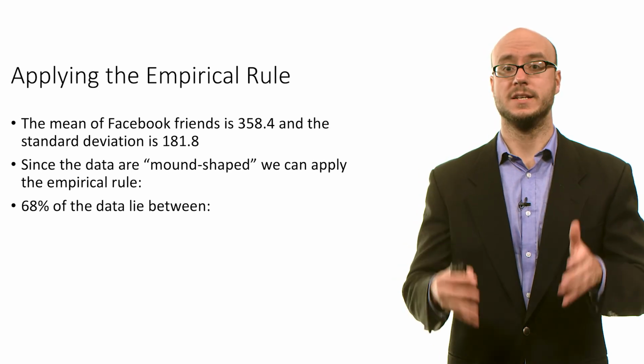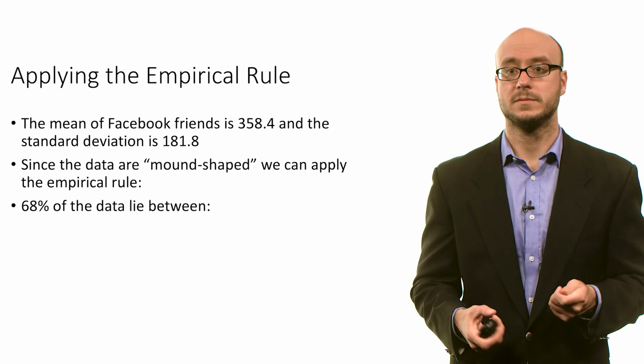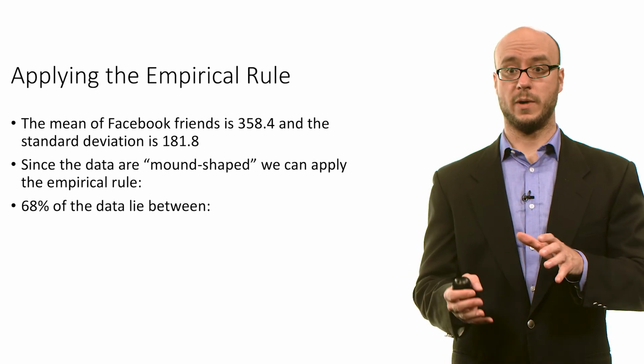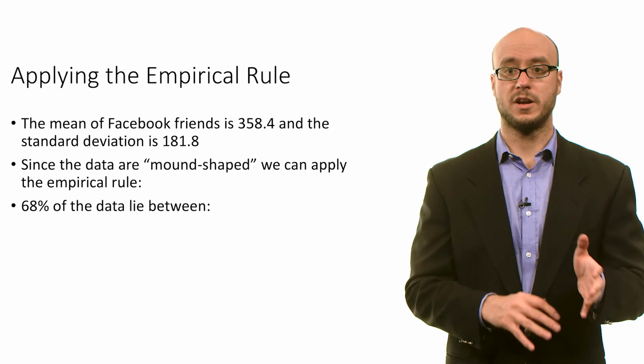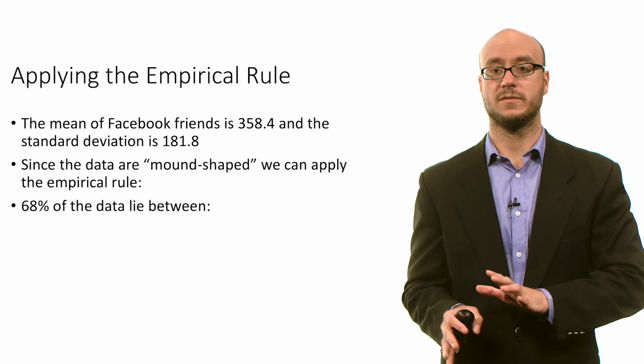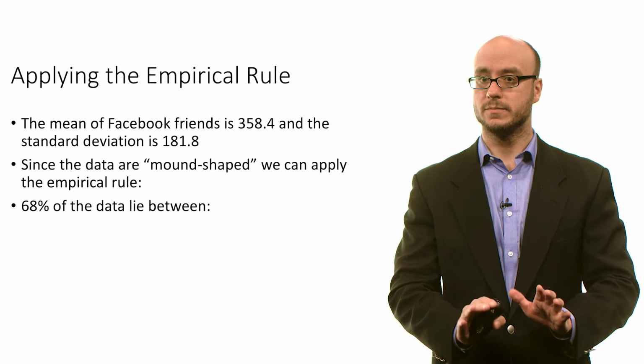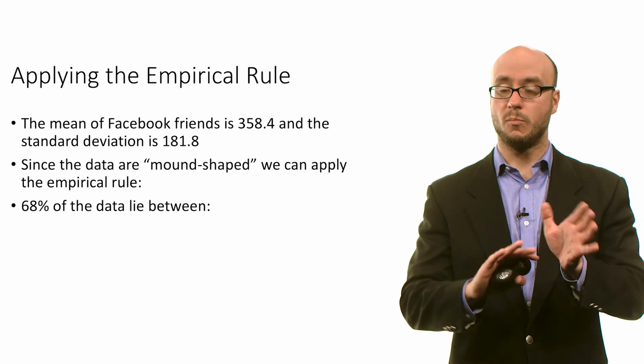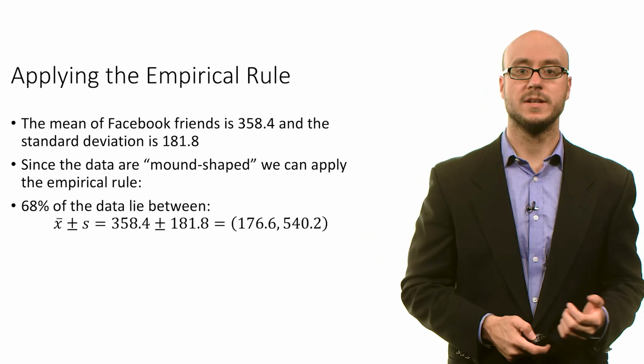That characterizes 68% of people. To put it another way, if you have fewer than 176 friends or more than 540 friends on Facebook, you're in the minority. You either have more friends than we'd expect or fewer friends.